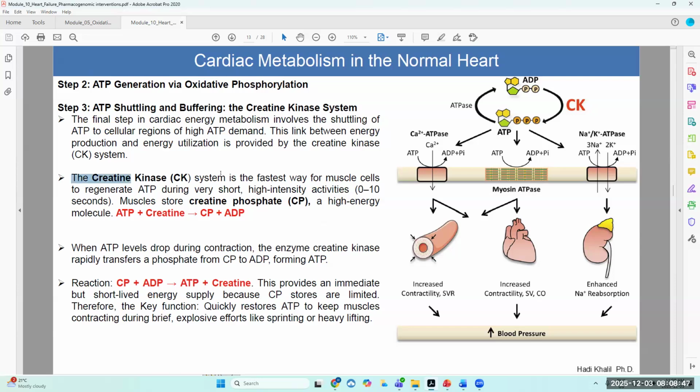So the creatine kinase system is the fastest way to regenerate ATP during short, high intensity activities, like within a second. Muscles store creatine phosphate, a high energy molecule, which is here.